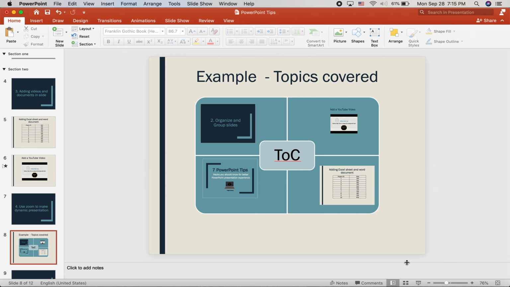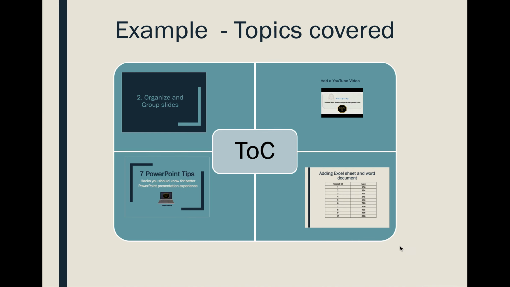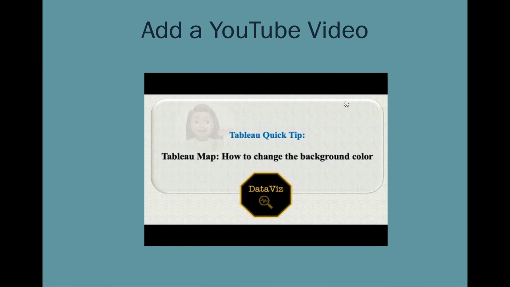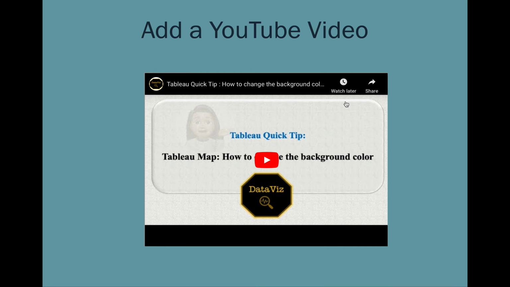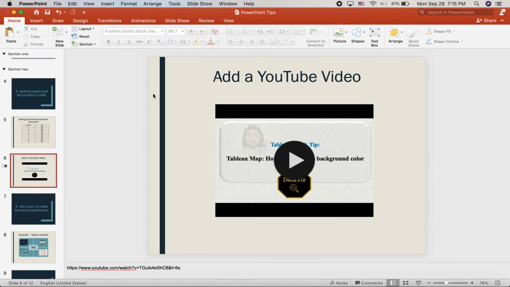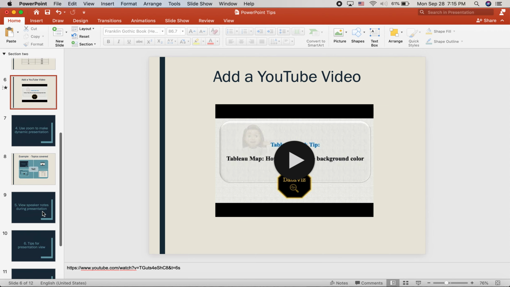Now when you go to the slideshow option and click on a particular slide, here if I click on add a YouTube video, it will directly take you to that slide that you have referred to. So this is about using Zoom and how we can make our presentation dynamic.